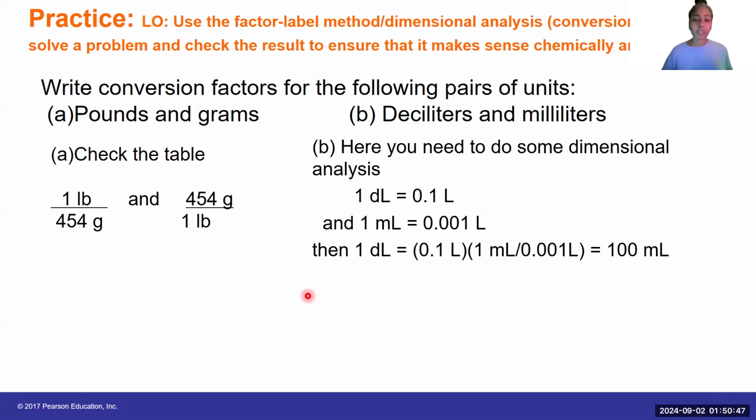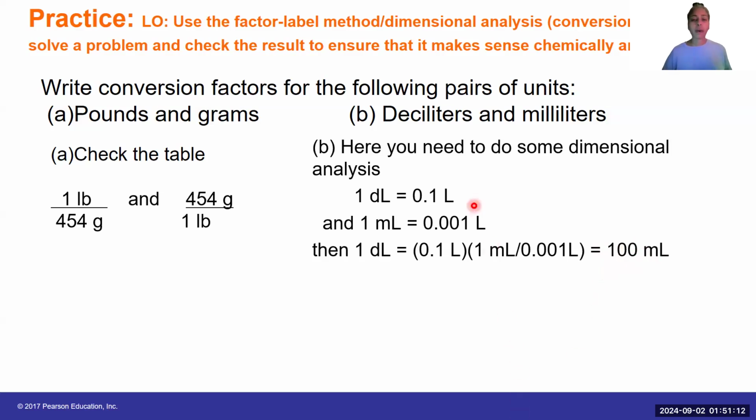If you remember the number line, 10 to the minus 3 is 2 hops away from 10 to the minus 1. So if I'm going 2 hops to the right, my number is getting larger, so that would be 10 to the 2. And 10 to the 2 is equal to 100 milliliters.